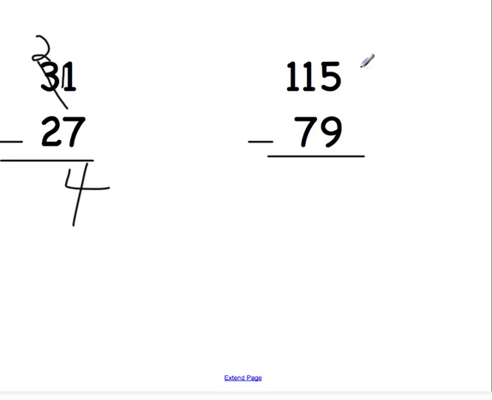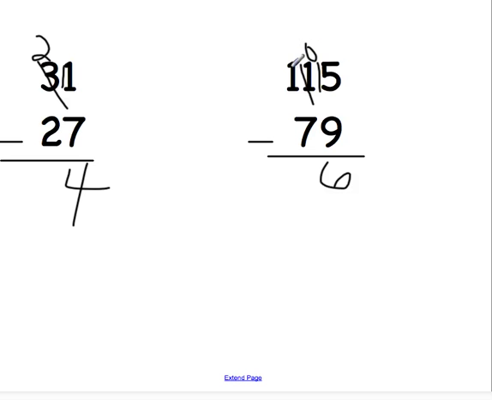Again, I have 5. I can't give you 9 of something unless I borrow from the tens place. I'm going to take that 1 ten and bring it over here, and now I end up with none in the tens place. But I do 15 minus 9, and I get 6. Now I have a big problem. I have 0 to take away 7.